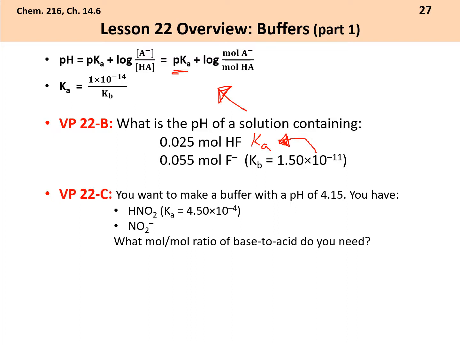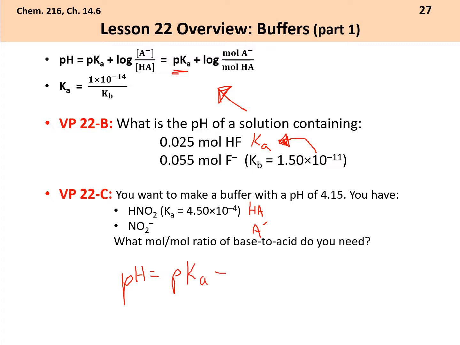Okay? All right, and then 22c, you want to make a buffer with a pH of 4.15. You have these two components. You have HA, you have an acid, and you have a base. Okay? And we want to know what the mole-to-mole ratio of base to acid you need. Okay? This is a little bit different than 22b, right? Notice in this one, you're given pH. You can calculate pKa.